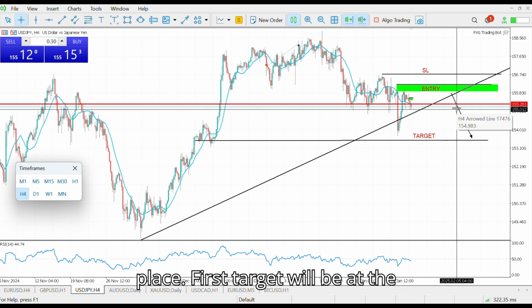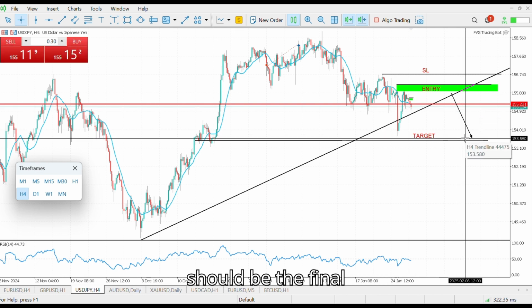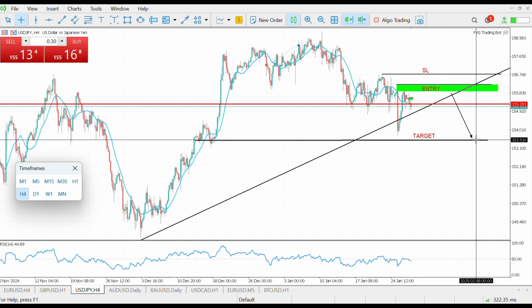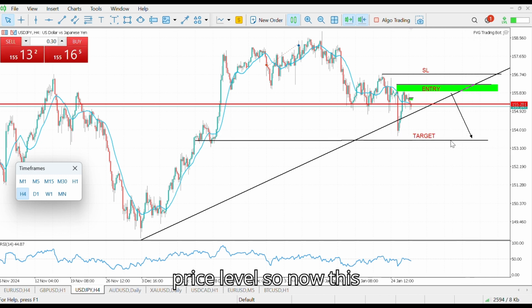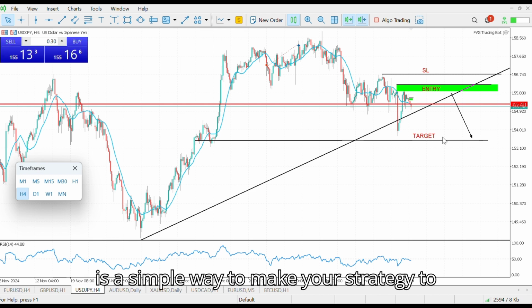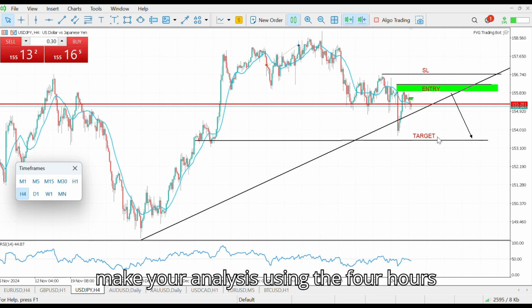The first target should be at the support level, and the second target should be the final 155, thereabout, 153 price level. So this is a simple way to make your analysis using the 4 hours.